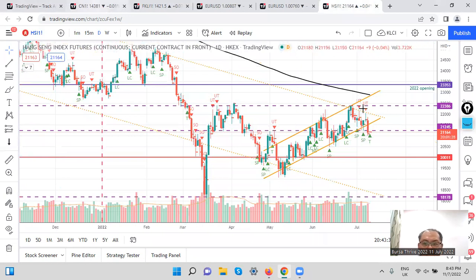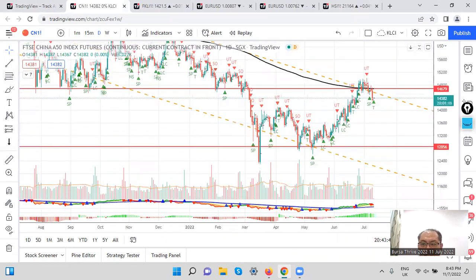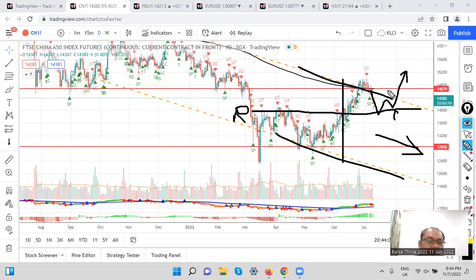So both are already due for a pullback. When it is time to pull back, China will straight away need to go back and test this level, because this one was a resistance and should now become a support. So you have something like this, and you need to break up back, breaking up this down channel. I think this one will need a few months to construct.